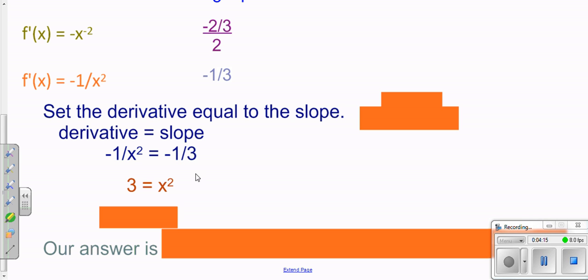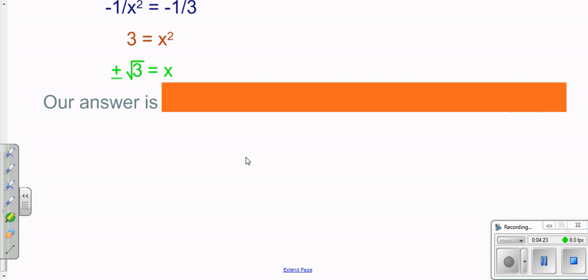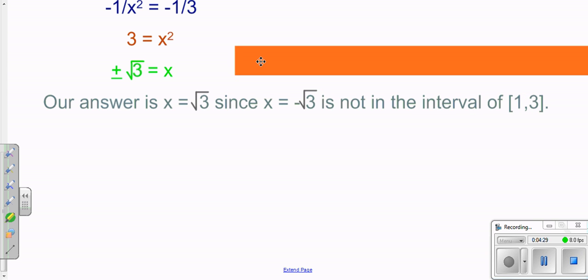Take the x squared over here, take the 3 over there. Take my square root, remember the plus or minus, and our only answer is going to be the positive root 3. The negative root 3 is not in our interval. Positive root 3 is about 1.7, and 1.7 is between 1 and 3, so that's good.